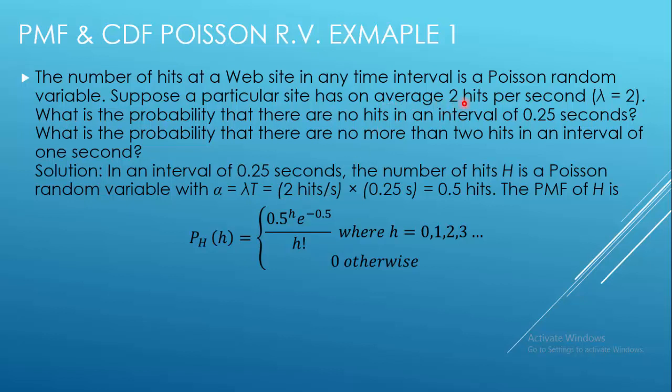On average there are 2 hits, and we want the probability of no hits in an interval of 0.25, so we just multiply by this interval. The arrival rate multiplied by the time is equal to 0.5 hits. So alpha is equal to 0.5 for the PMF of H.